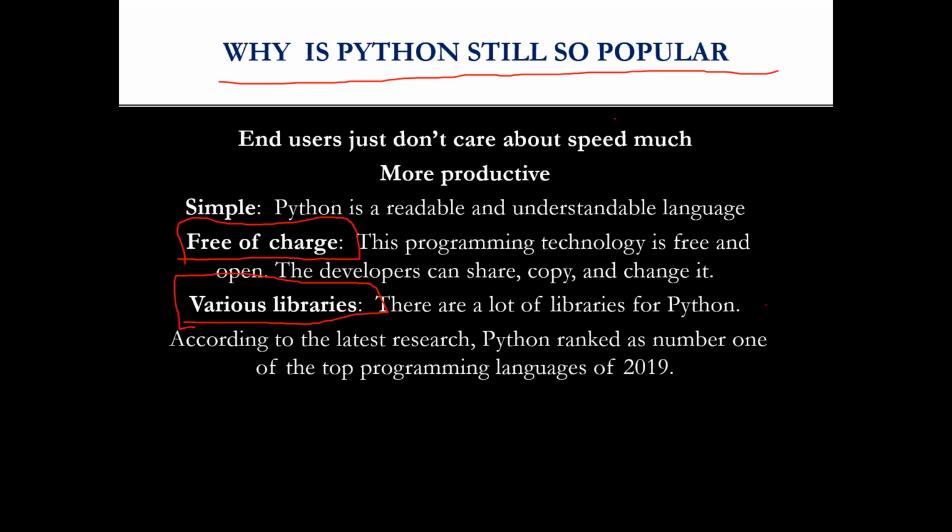Similarly, pandas and numpy can be used for data pre-processing, and so on. There are so many libraries available. This is a major reason why Python is popular. Because of the availability of various libraries, it is so versatile. It can cater to different domains.